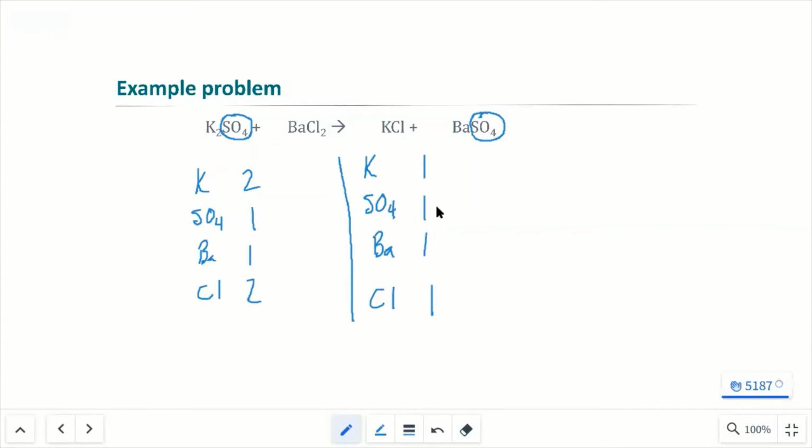The wonderful thing about these kinds of reactions is they're usually pretty easy to balance because it's pretty easy to see what's not balanced, and usually what's not balanced is in the same product. So with one small adjustment, in this particular case, that was all that we needed.